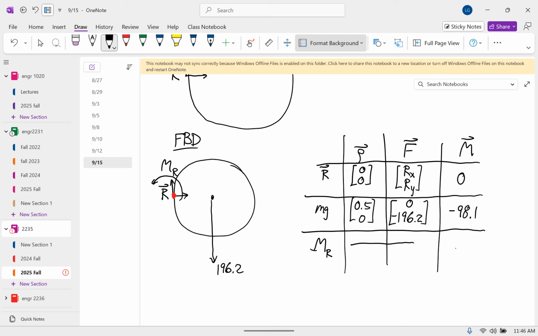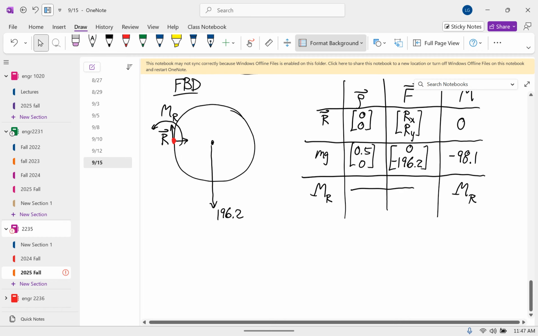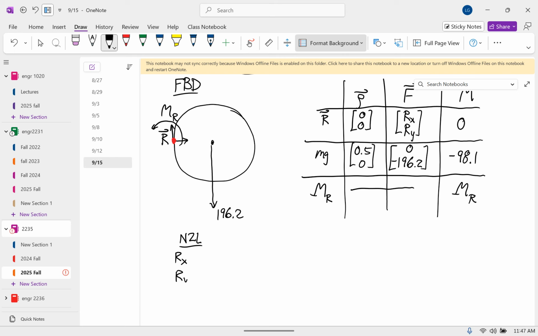And the z component of this moment is just MR. And so now you have Newton's second law that says Rx, Ry plus 0, negative 196.2 is equal to zeros.